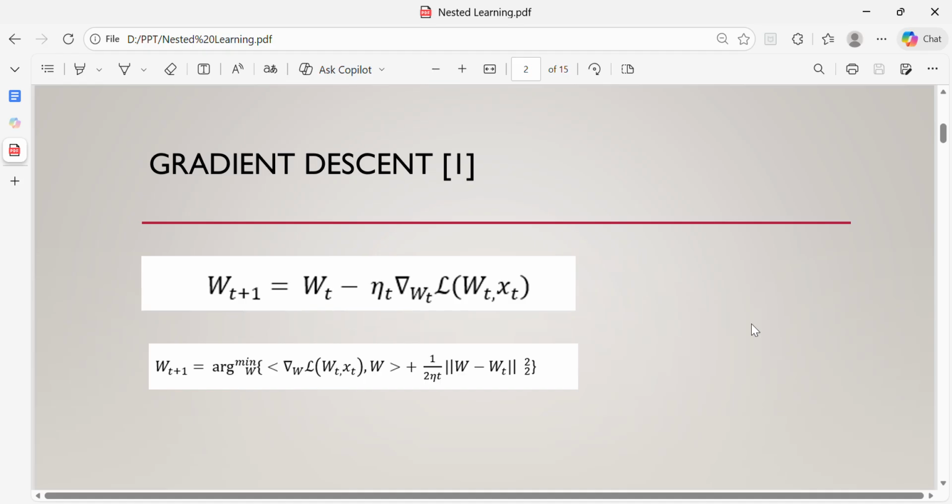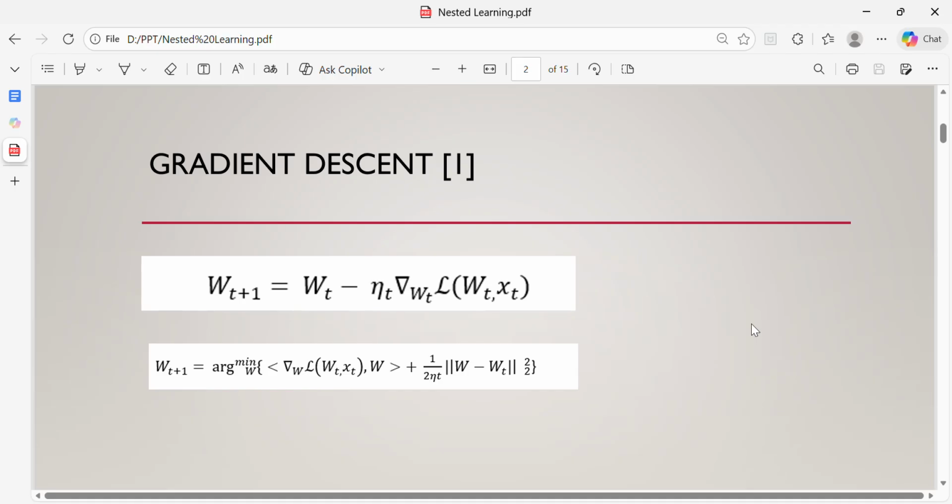So let's first describe how we can express nested learning. Let us first see the basic definitions in which we are going to write nested learning. For that, let us understand how we will be writing gradient descent. We all know what gradient descent is, right? It is the gradient that we add to the weight, multiplied with the learning rate. Say w t plus 1 is the weight at time step t plus 1, then it can be written as w t minus eta t times the gradient of L at w t.